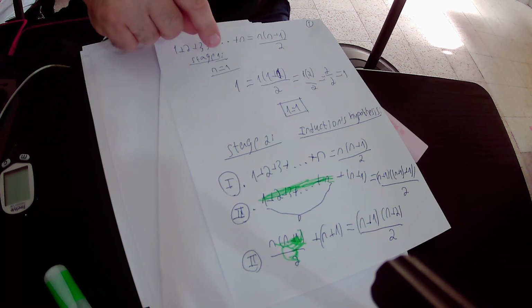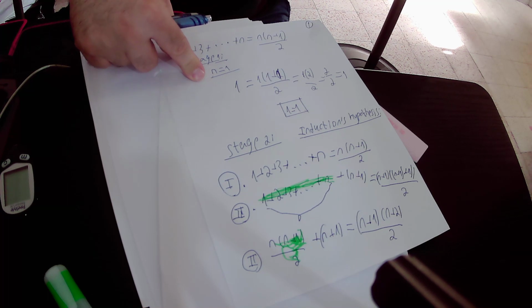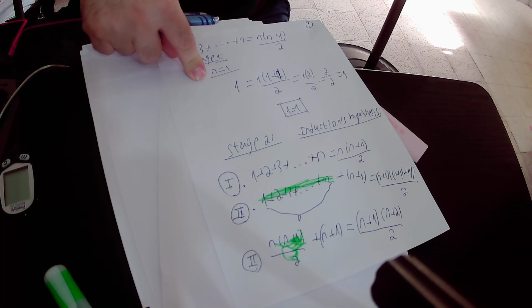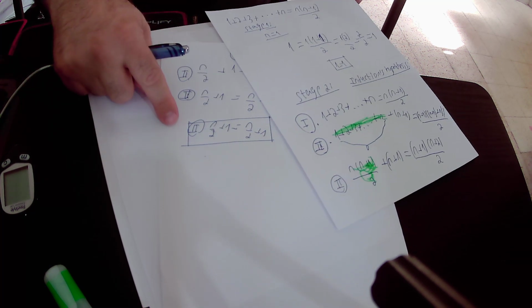In the first stage, we checked that this expression is true for n equals 1, and in the second stage, we proved that if it is true for n, it must be true also for n plus 1.